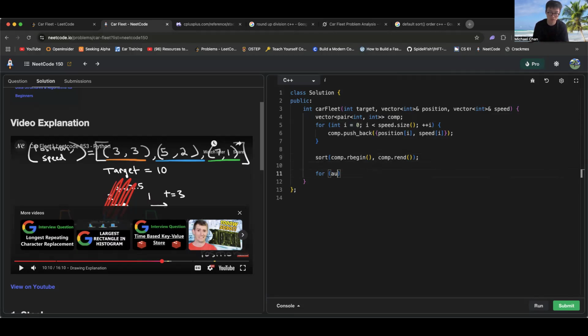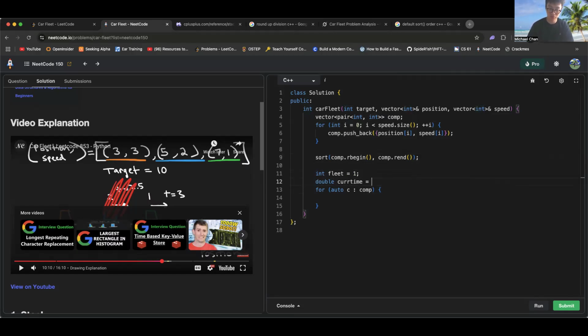After that, this is what we want to do. We can just go auto, rbegin and rend. Right. Okay, for auto car in comparison, no, you want equals to is nothing.